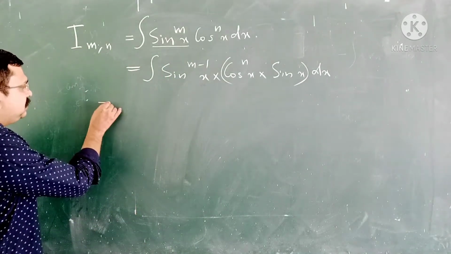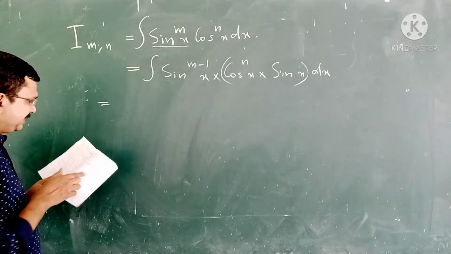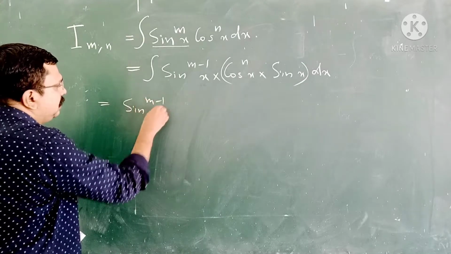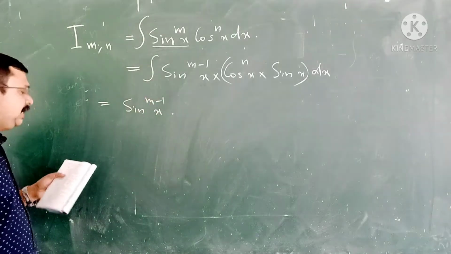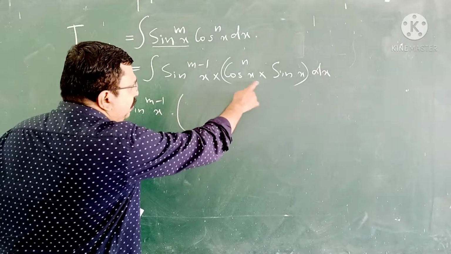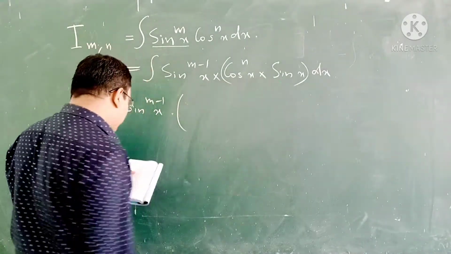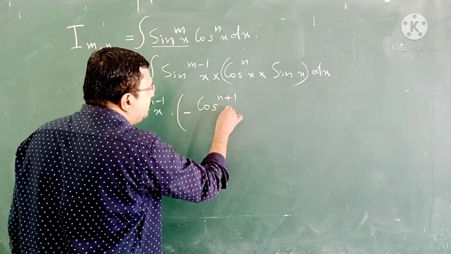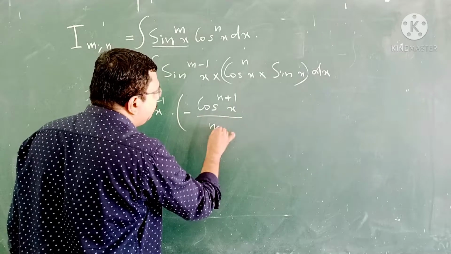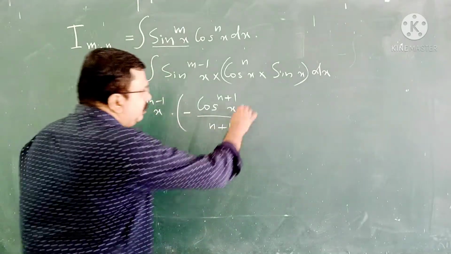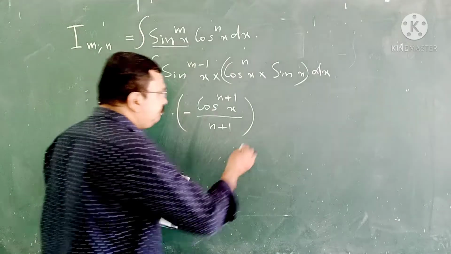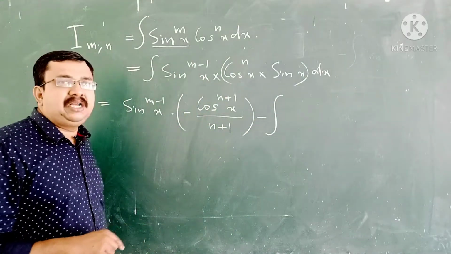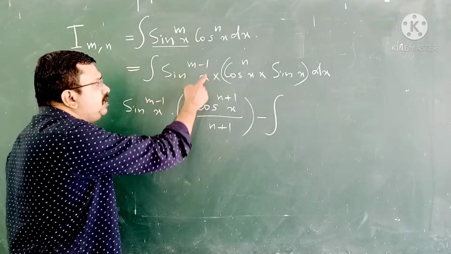integration by parts, which is equal to the first function sin^(m-1) x into the integral of the second function. The integral of this function is equal to minus cos^(n+1) x divided by n plus 1. Minus the integral of the derivative of the first function. What is the derivative of sin^(m-1) x?